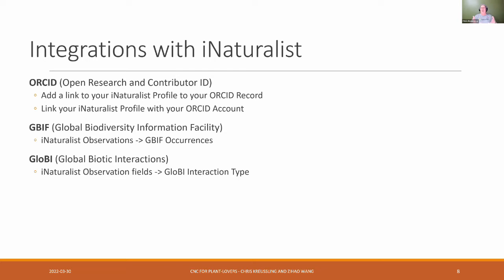You can go into iNaturalist and look at observations and filter by research grade, but you might not want to have to go to multiple places to get things. So there is some consolidation of information. We're going to talk about these three: the Open Research and Contributor ID, or ORCID, the Global Biodiversity Information Facility, or GBIF, and Global Biotic Interactions, or GLOBI.